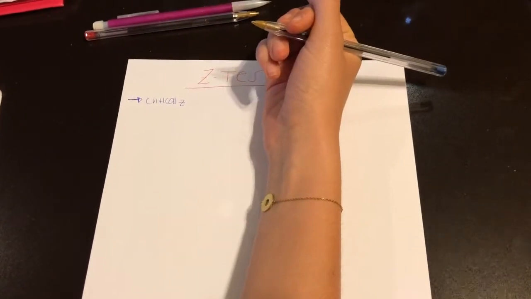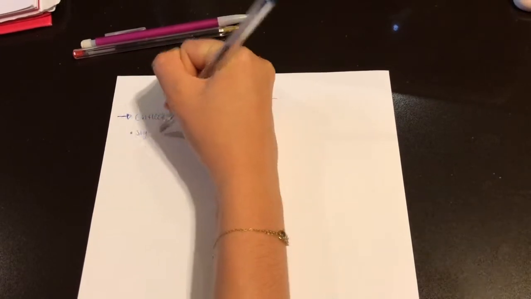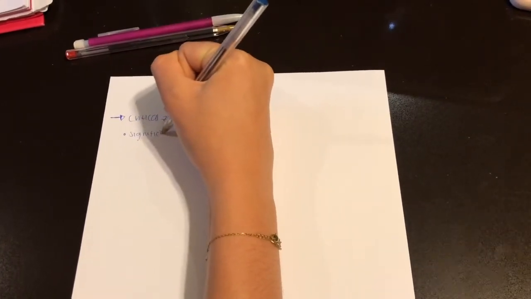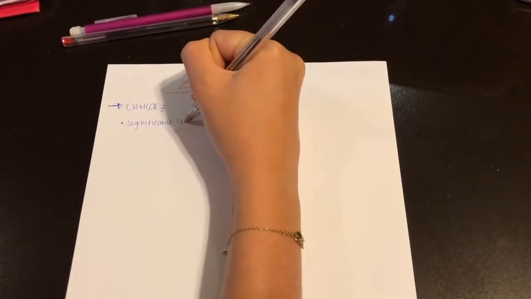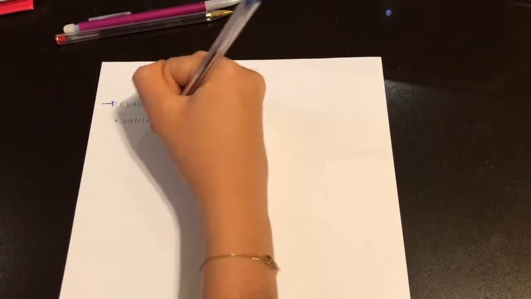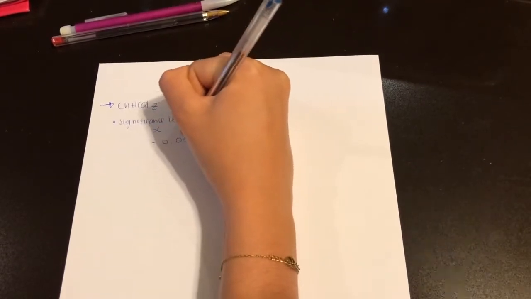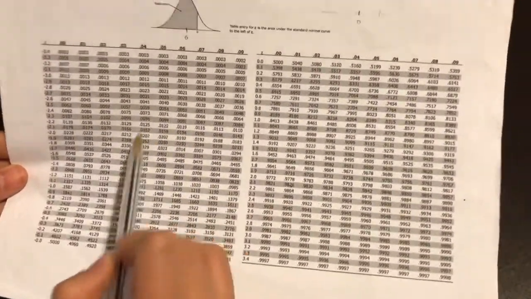In this case, we just need the significance level, or the alpha. With this alpha, for example, 0.025, what you need to look for in this chart is that number in the body of the chart.